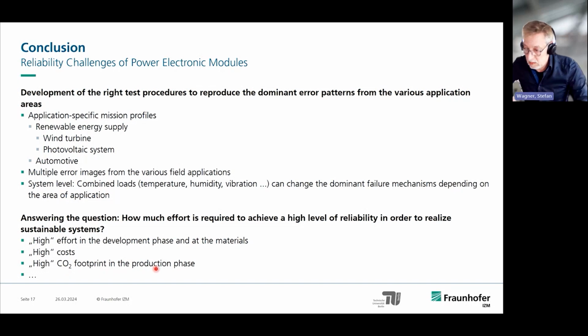Yes, this brings me to the end, and I hope I can bring this question to your mind for the discussion. What are the challenges in reliability, and what brings us to a sustainable energy and sustainable industry?